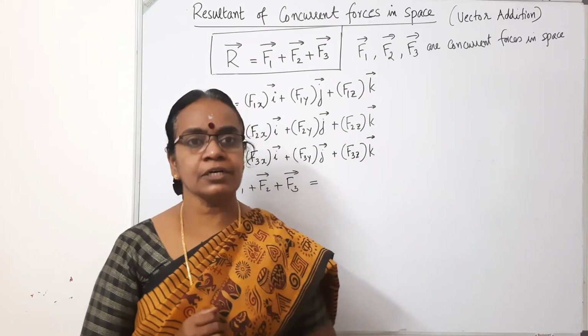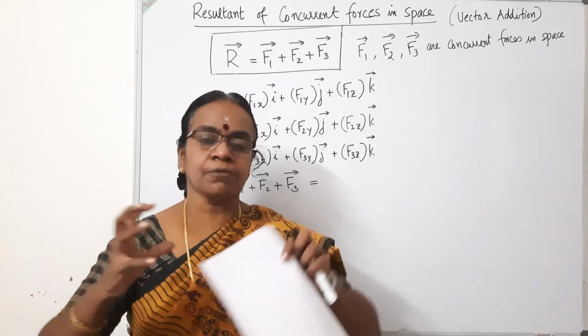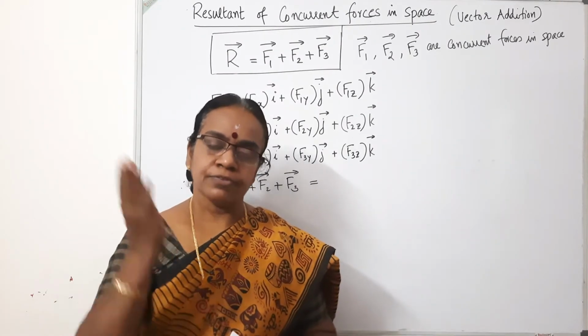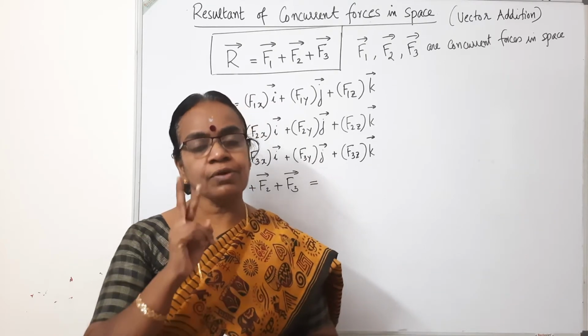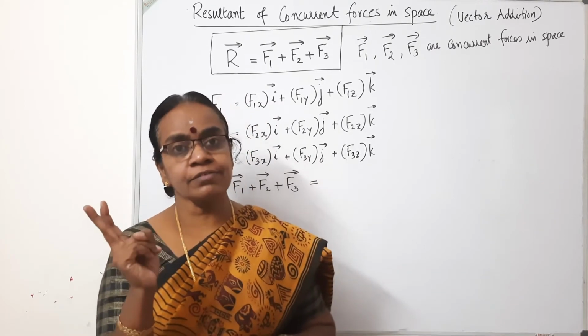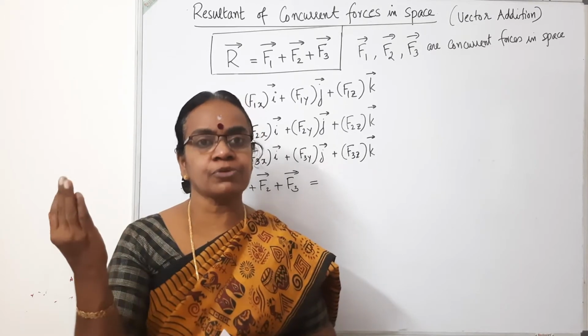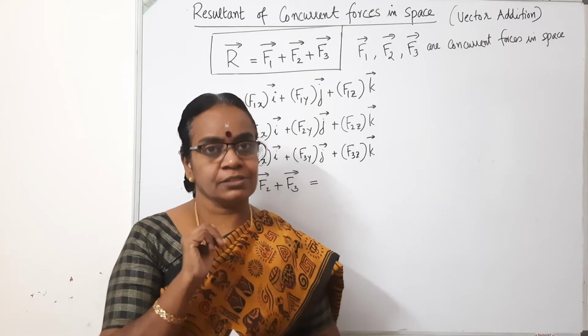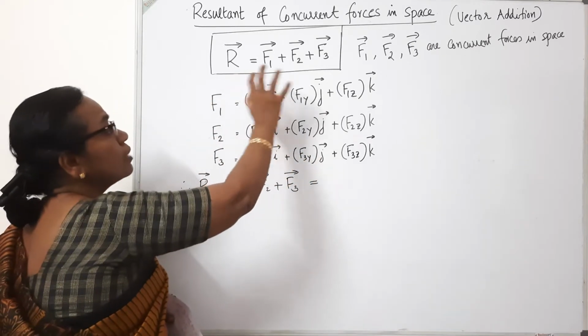Now we are going to discuss how to find out the resultant of a system of concurrent forces. As we have done in 2D analysis, for a resultant of a concurrent force system there we have only Fx and Fy. Root of Fx square plus Fy square will give us the resultant. But in a three-dimensional force system, suppose there are a number of forces.